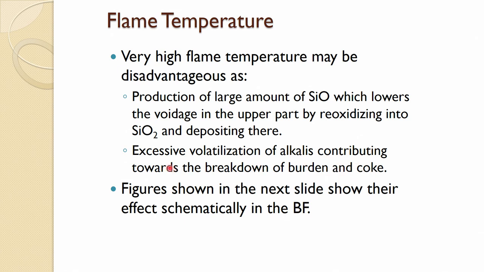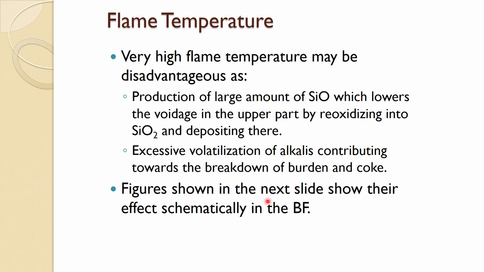At the lower part of the blast furnace, temperature is high, so they vaporize, go up, and they condense, deposit there, and again come down with slag, and this cycle keeps on, and this also contributes alkali deposits into the charge and the breakdown of the burden. So, fines will generate. So, this is also not a very good thing. Excessive temperature can further deteriorate this situation.